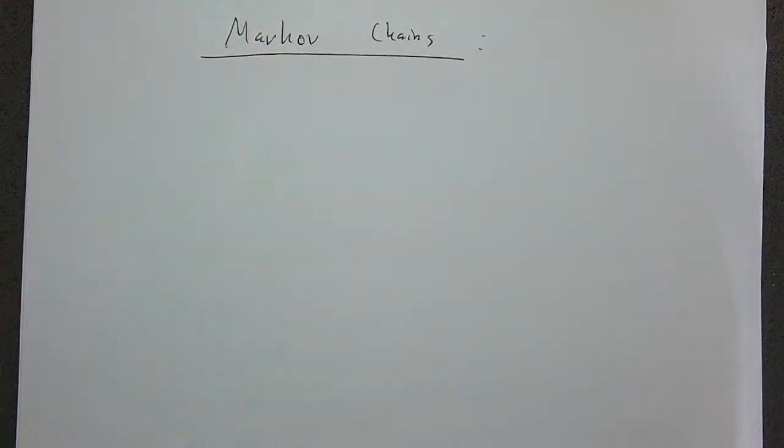We are going to begin with a discussion of Markov chains that is not going to be the formal discussion of the abstract notion of a Markov chain, although I will talk about that after we have finished this. I'm going to begin with a very concrete example, and then basically everything that we do from there is going to be generated by this example. So what is the idea?